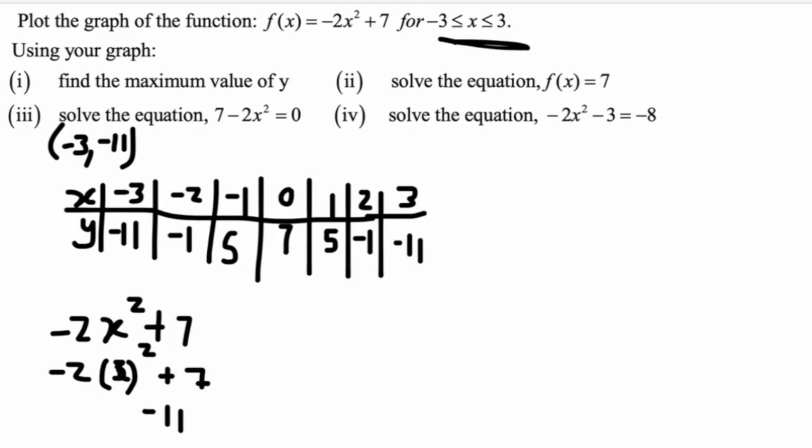So we are going to plot (-3, -11), (-2, -1), (-1, 5), (0, 7), (1, 5), (2, -1), (3, -11). So let's look at how this graph will look.